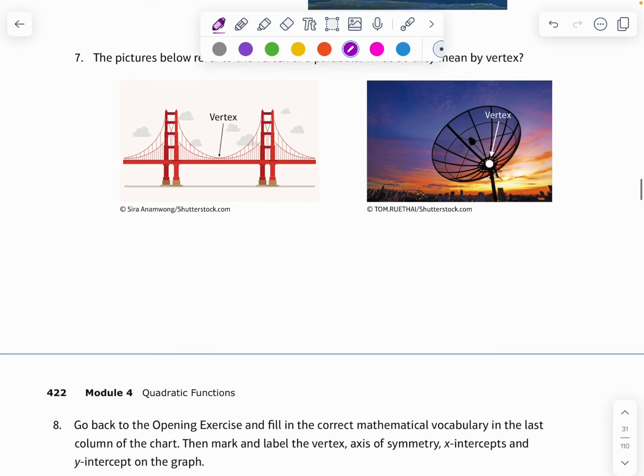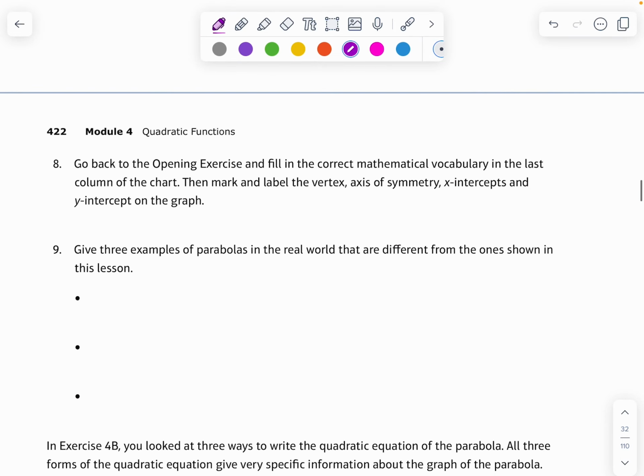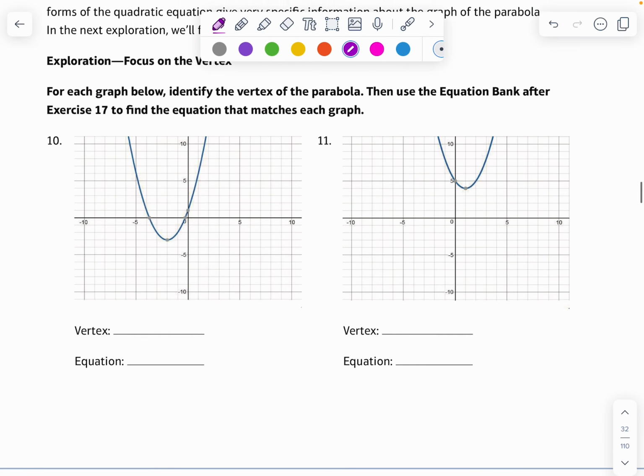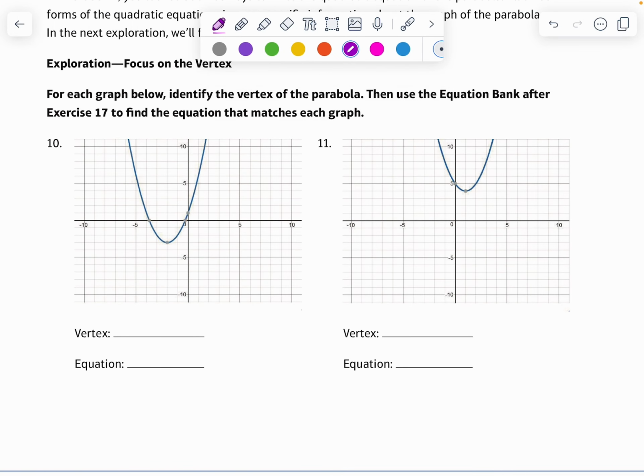All right, so what we're going to do on, well, what page is this? 422. We're going to identify each graph and the equations. I'll give you a hint on this first one. Definitely you want to look at the vertex. The vertex is at -2, -3.